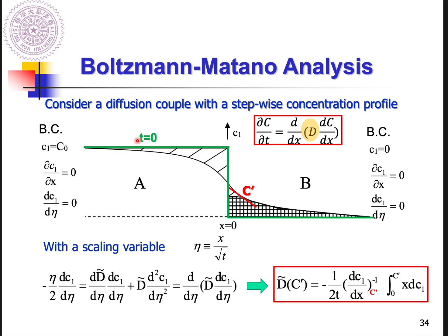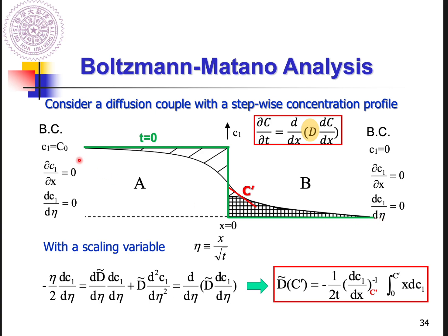This is when t equals 0, that means before diffusion happens. Then as long as you heat these materials up and allow the diffusion to happen, you can get these curves, this profile of diffusing atoms, or this profile of Ca.